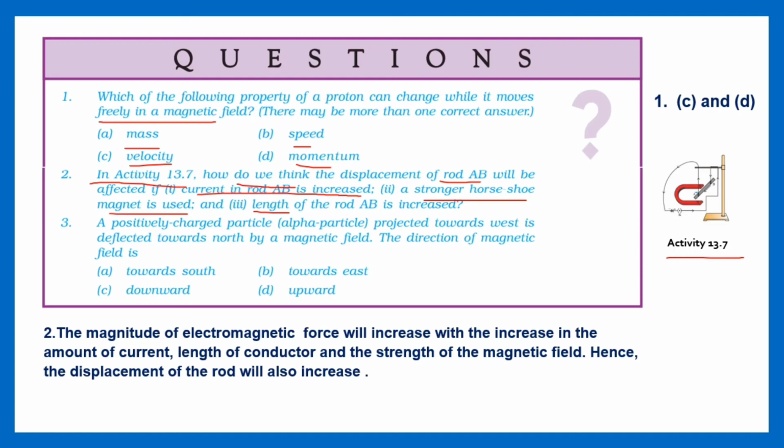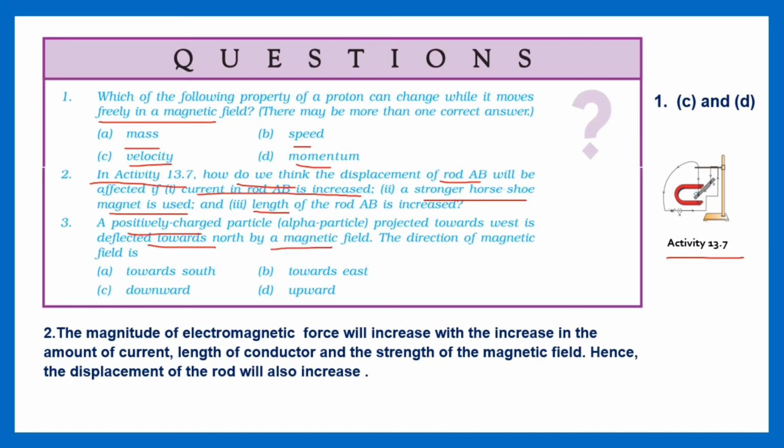So in all the cases the answer is, the magnetic force that is being experienced by this aluminum rod will be increased, and the result will be that the displacement of the rod will also be increased, right? The next question is, a positively charged particle projected towards west is deflected towards north by a magnetic field.